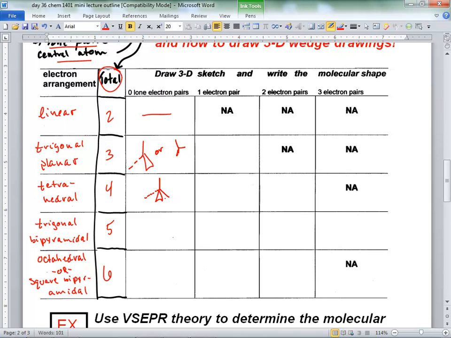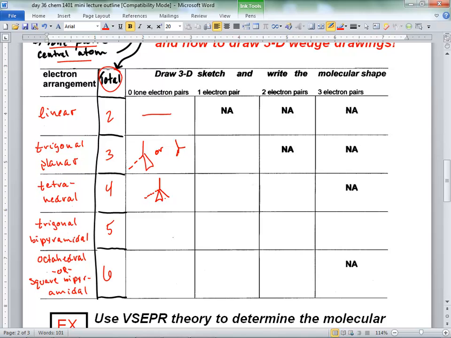You have one going back, one going forward out of the paper, one in the plane of the paper. So that would be this one. 4 things. This one's going straight out at you. Plane of the paper, plane of the paper. This one's going back.